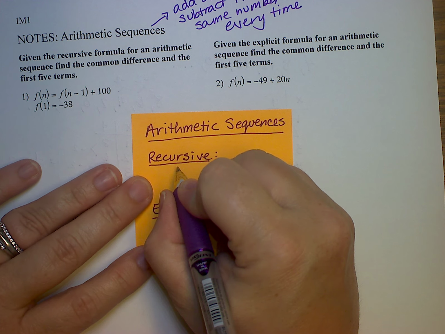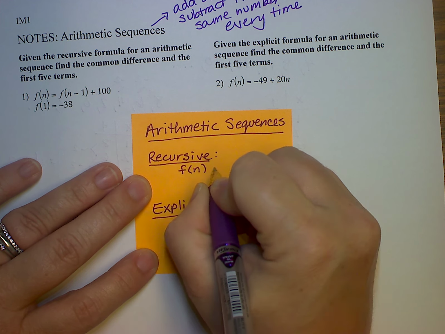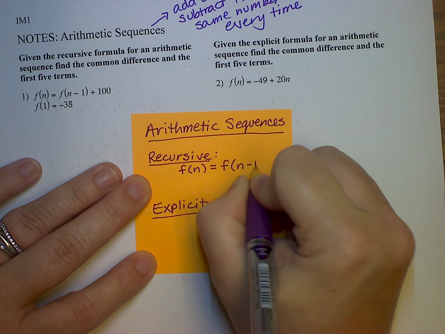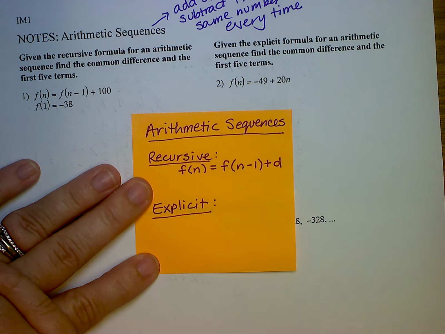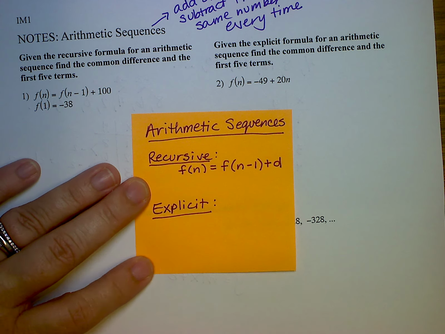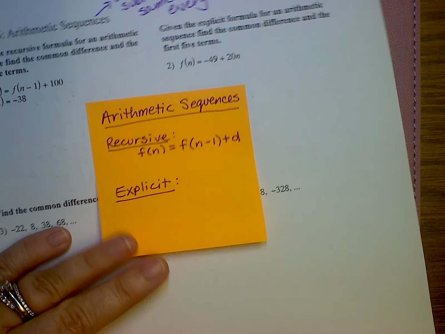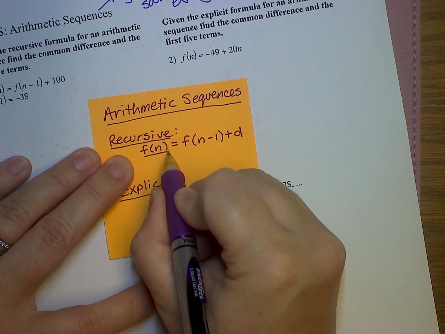So on a recursive formula, you would say f of n is equal to f of n minus 1 plus your d value. What's my d value again? It's that common difference. Okay? So this is your now. This represents now.